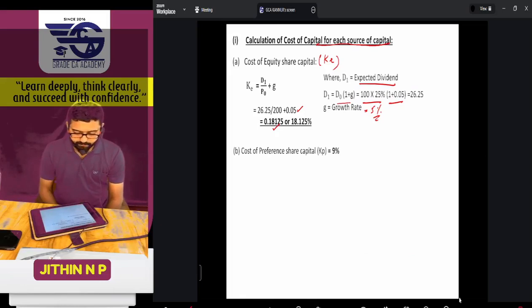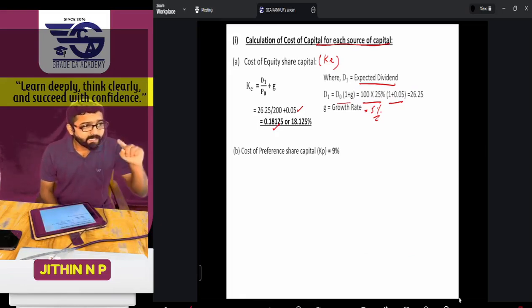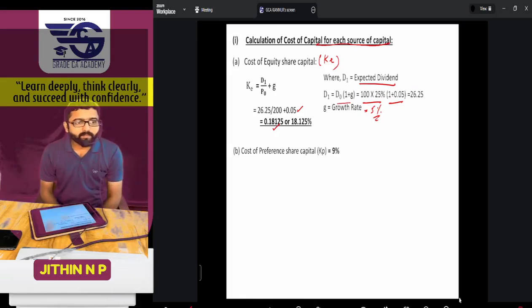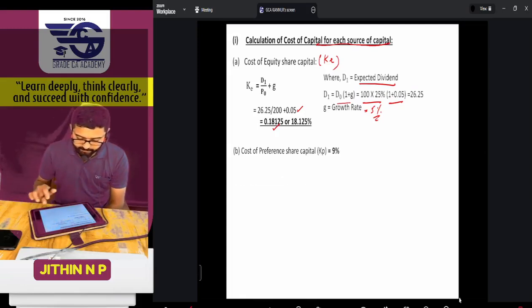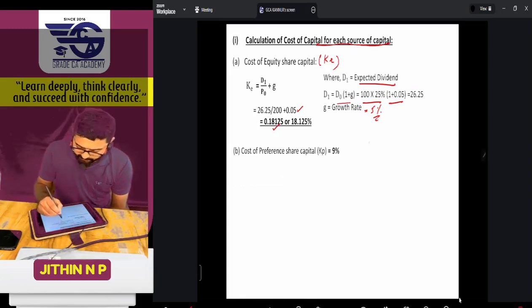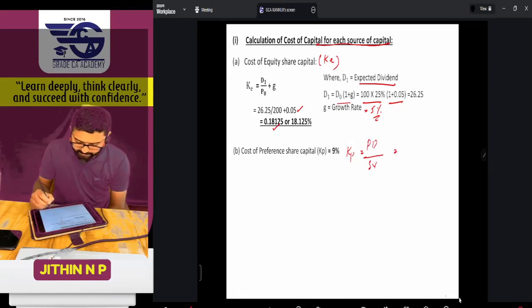Then cost of preference shares. What is the formula for KP? Redeemable or irredeemable? The question does not give the redemption period, so it is irredeemable preference shares. KP is equal to PD divided by SV. PD is 9, SV is 100, into 100.